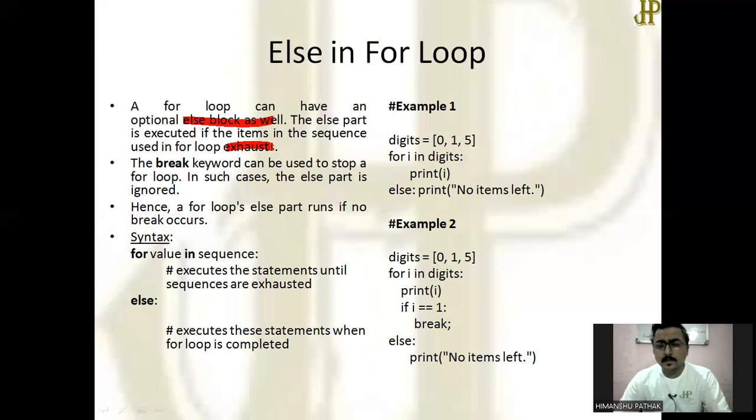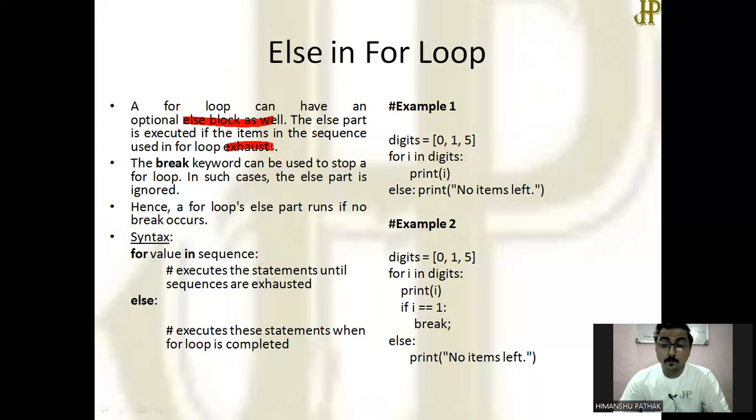So what is break? The break statement can be used to stop a loop. That's it. If you want to exit forcefully from the loop, then you can insert the break keyword on some particular condition.